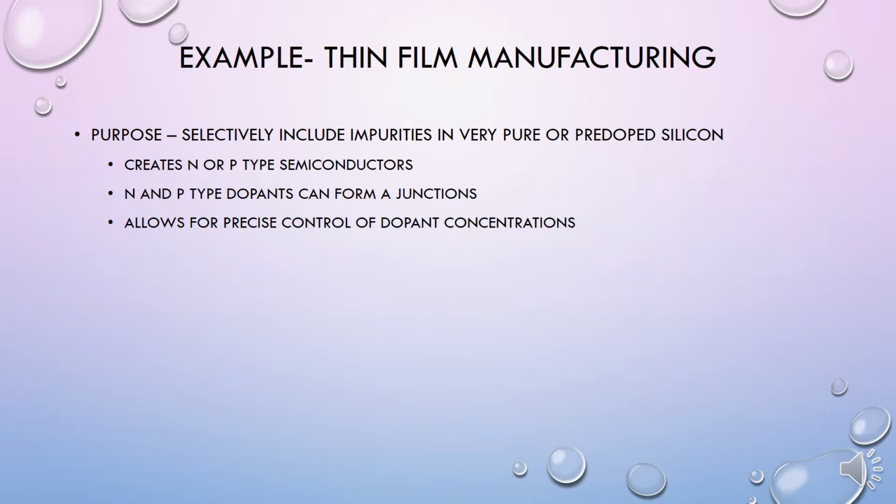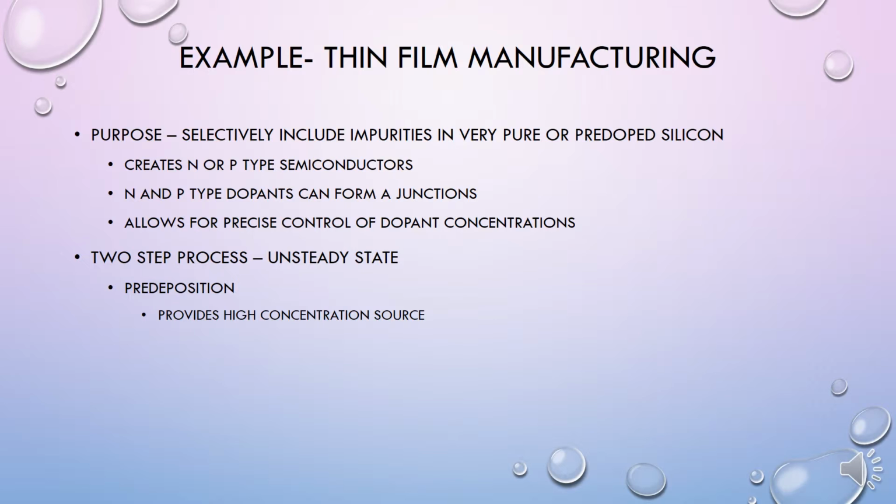This allows for precise control of the dopant concentration at any distance from the surface. This is a two-step process, and it is unsteady state. The first step is pre-deposition, which provides a high concentration source, which is followed by the drive-in, which diffuses dopants into the wafer.